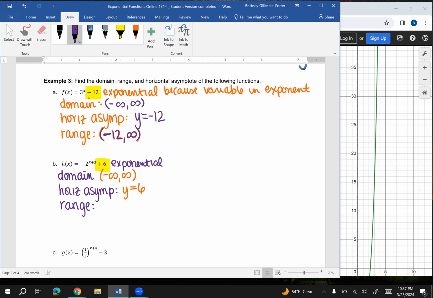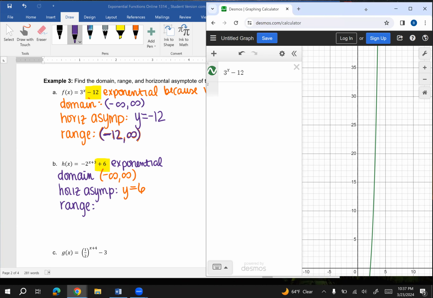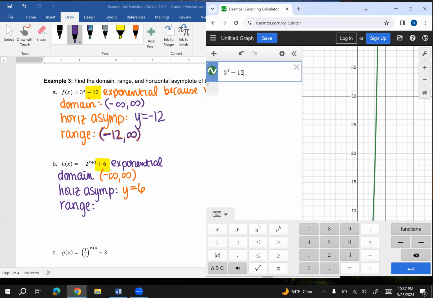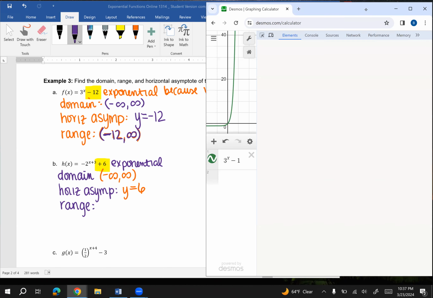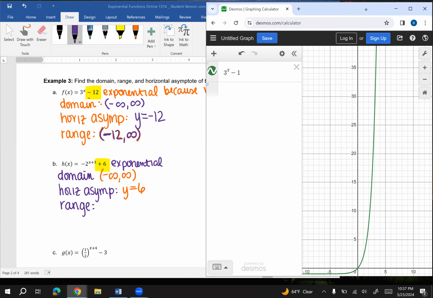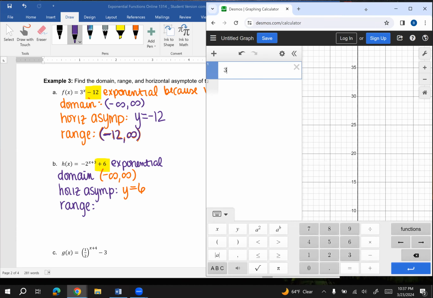Let's go ahead and graph it so we can look at our range. Plugging in exactly as you see it, it's negative 2 to the exponent x. Let's put parentheses around that exponent: x plus 3, close the parenthesis, come down, plus 6.